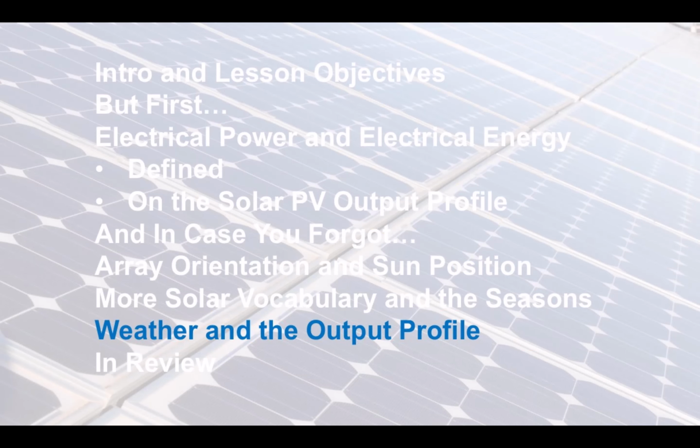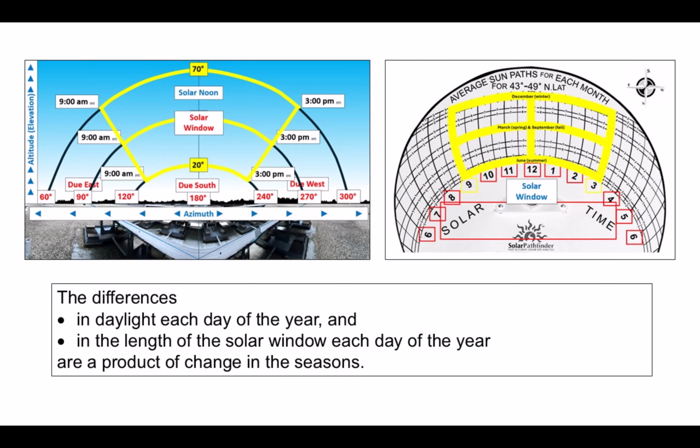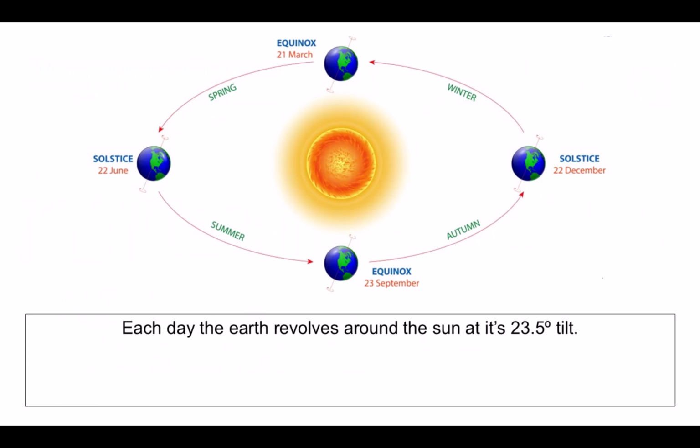Weather and the output profile. The differences in daylight each day of the year and in the length of the solar window each day of the year are a product of change in the seasons. Each day the Earth revolves around the Sun at its 23.5 degree tilt.